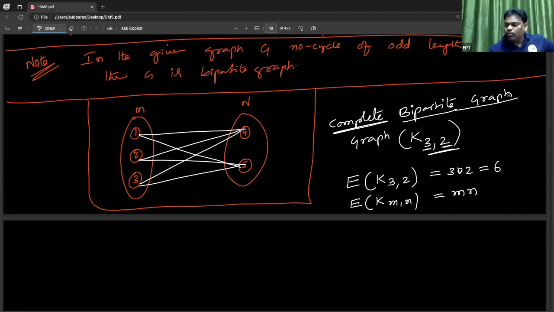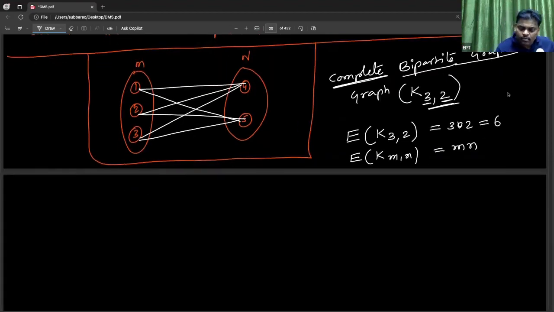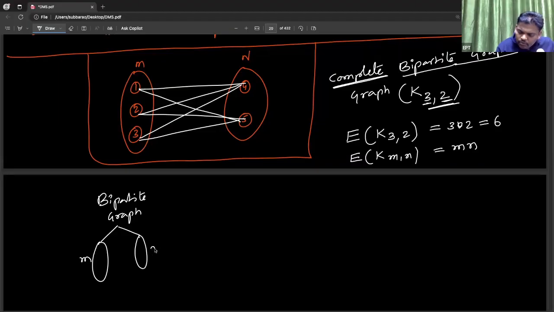I want an answer from you. Not a complete bipartite graph, simply a bipartite graph. Everyone listen. Bipartite graph where one group contains M people, another group contains N people. Total how many edges are there?